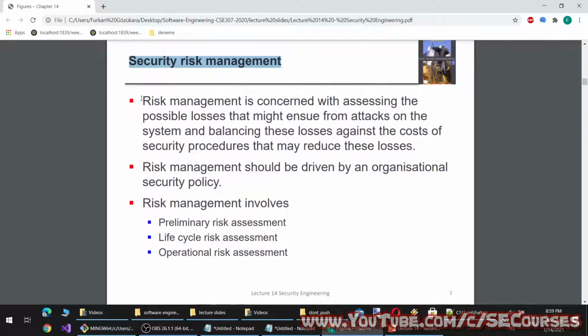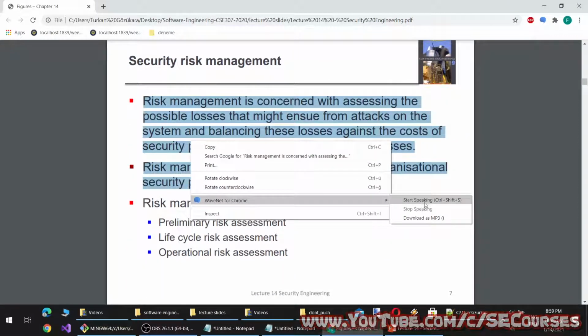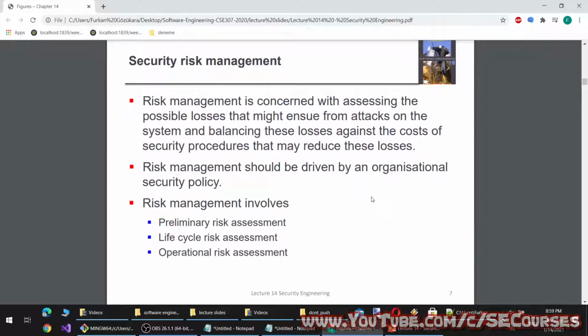Okay, security risk management. Risk management is concerned with assessing the possible losses that might ensue from attacks on the system and balancing these losses against the costs of security procedures that may reduce these losses. Risk management should be driven by an organizational security policy. It is impossible to make a system 100% secure.